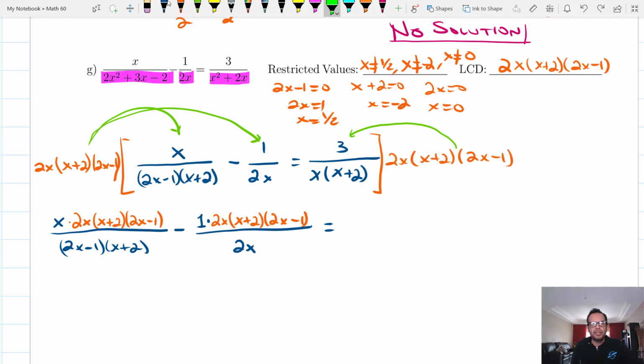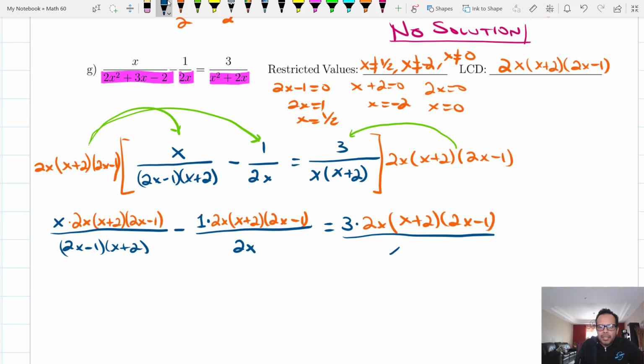Let's go ahead and do that. 3 times the quantity 2x times x plus 2 times 2x minus 1, the whole thing being divided by the quantity x times x plus 2. All right, so we're done with distributing the LCD over every single term in the equation.